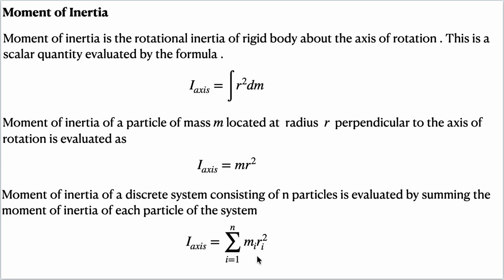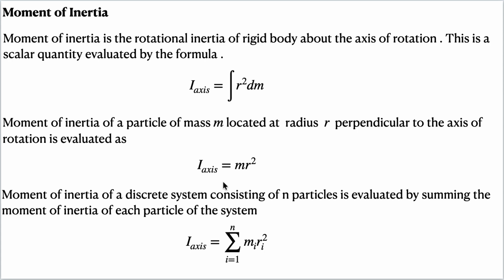Moment of inertia. Moment of inertia is the rotational inertia of a rigid body about the axis of rotation. This is a scalar quantity evaluated by the formula as we derived earlier: I axis equals integral r square dm. Moment of inertia of a particle of mass m located at radius r perpendicular to the axis of rotation is evaluated as I axis equals m r square.